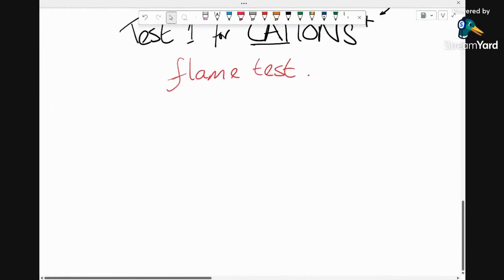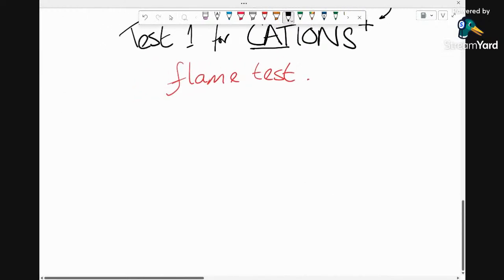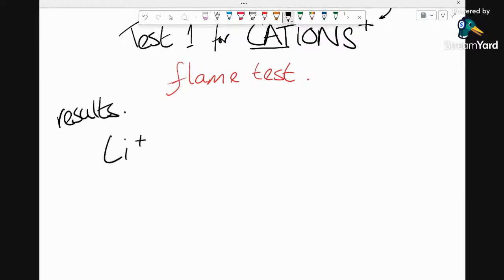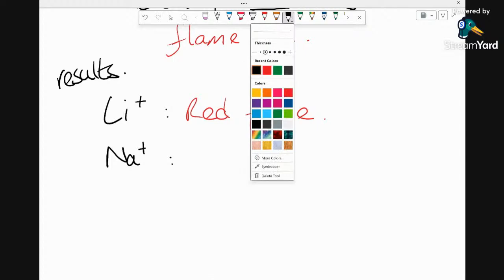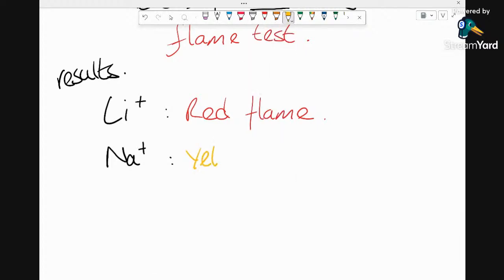So let's do our flame test results. This is really easy. Lithium 1+ will give us a red flame. Sodium 1+, Na+, will give me a gorgeous yellow flame.